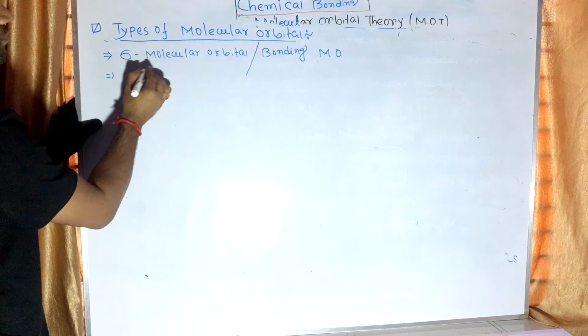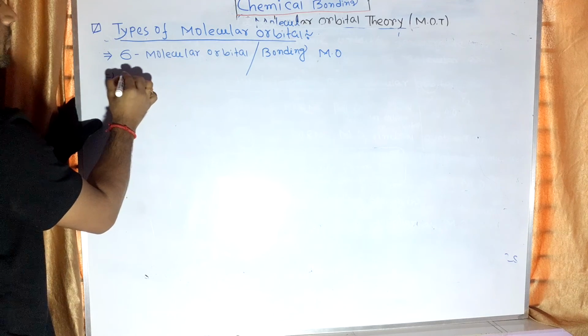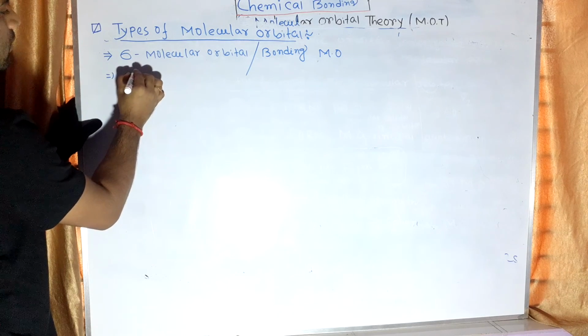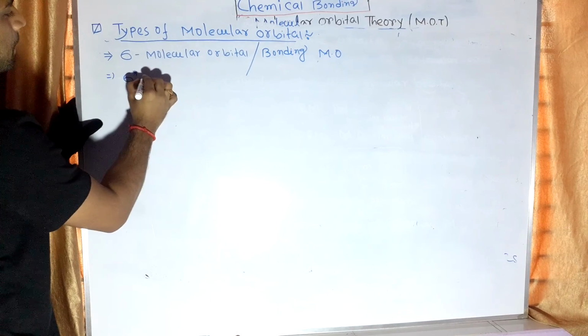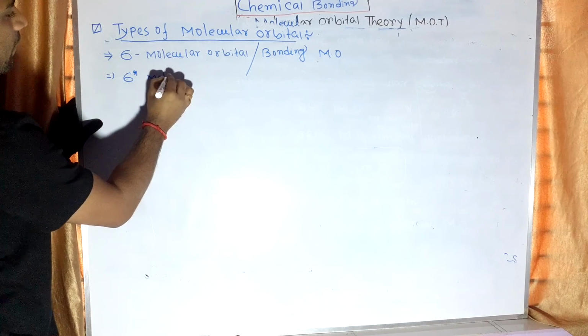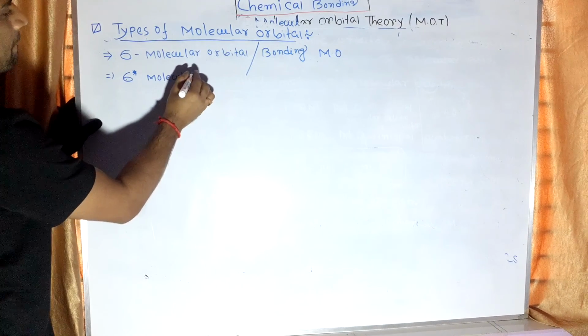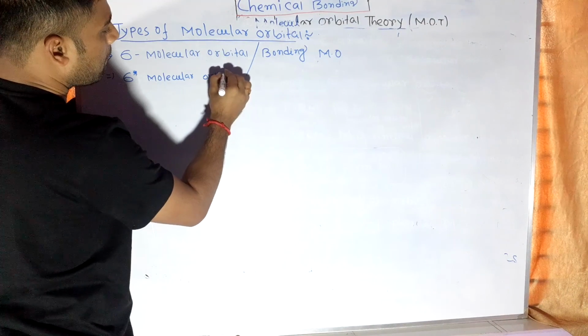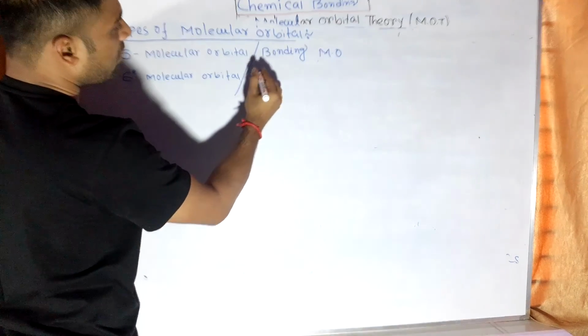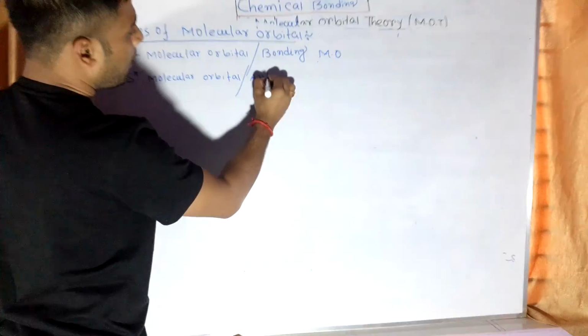Number 2, sigma star molecular orbital, or alternative name anti-bonding molecular orbital.